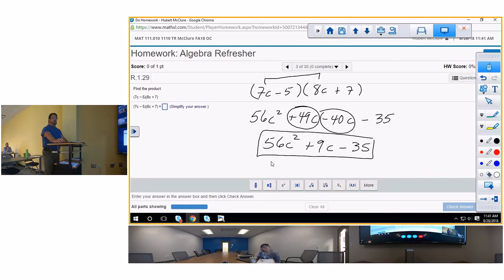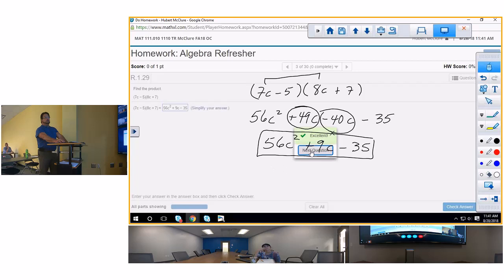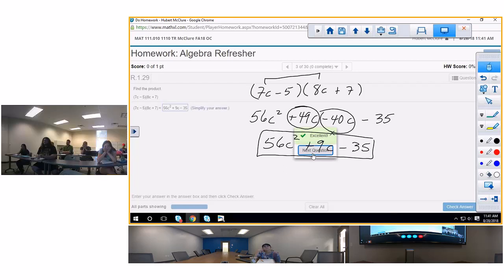So 56, C, shift, caret, second power, move over to the right, plus 9C, minus 35. Now, if you get it wrong, then you go down here and hit similar question. After you get it wrong 3 times, hit similar question, and it'll give you another question.